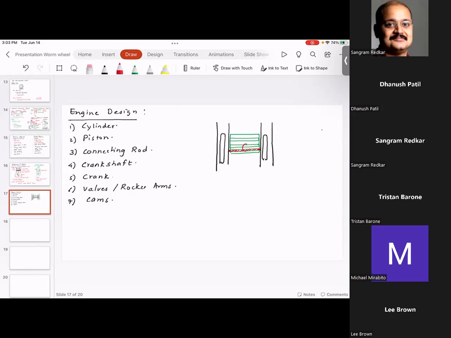Then here there is the piston pin. Here there is the connecting rod. And I'm going to show you a stationary engine. So it's not an automotive or locomotive engine.